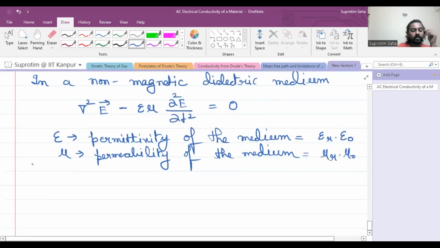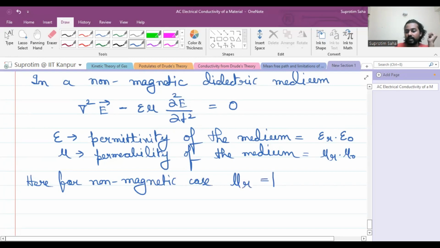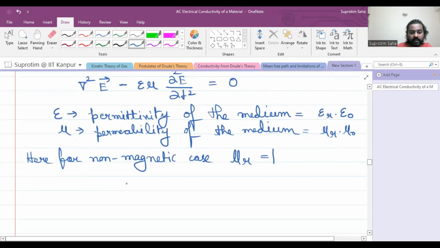So here for the non-magnetic case, mu r equals 1, and epsilon naught and mu naught are the permittivity and permeability of free space. I'm writing that. And again c squared is 1 by epsilon naught mu naught.